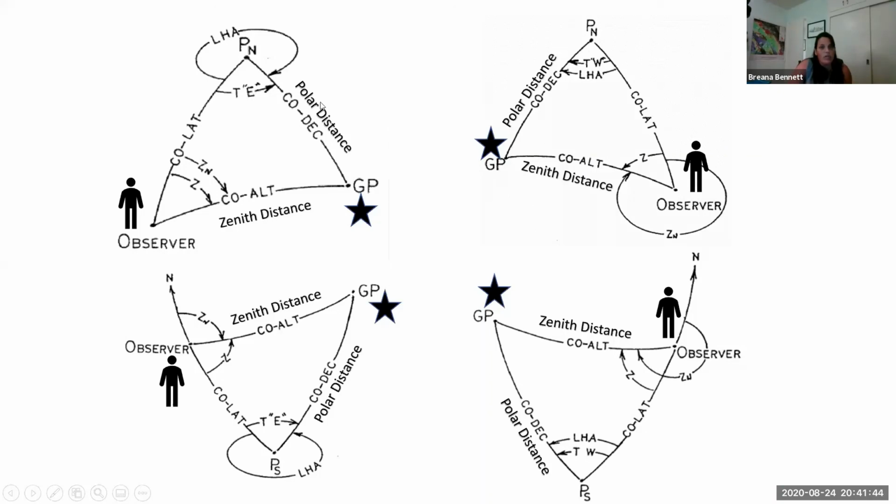If we are in the northern hemisphere and our LHA is greater than 180, then our Z and ZN will be the same. That Z is from the North Pole to the star, so it's the azimuth of the star.